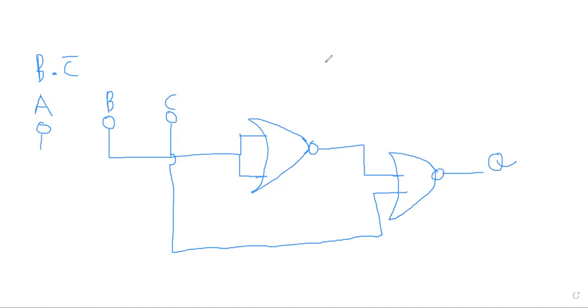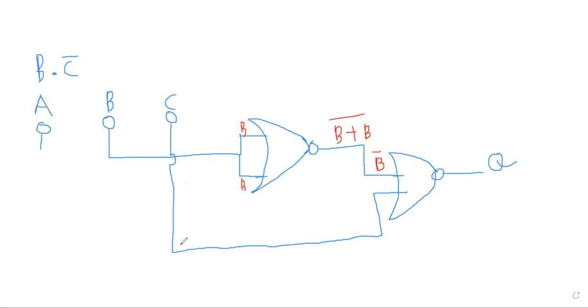If you consider here, B is coming, and here you are getting B, B, then here you will get B plus B whole thing bar. Then when you simplify using the respective law, you will be getting B bar.